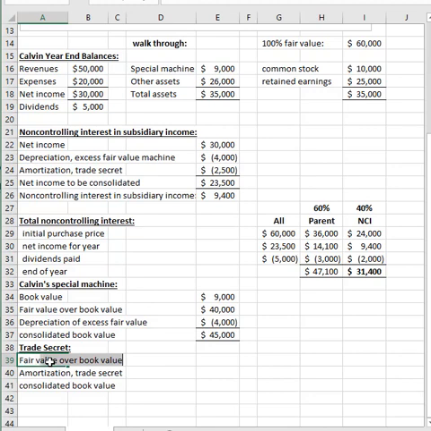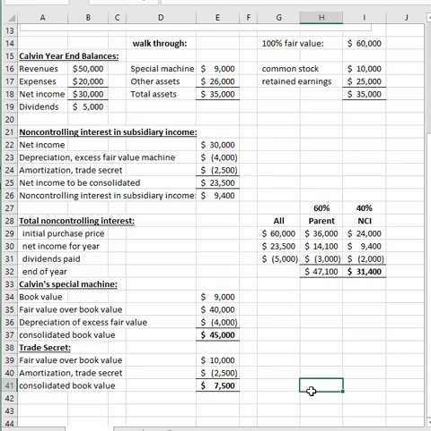So we're going to do fair value over a book that was, there was no initial, it wasn't on the books. So the whole 10,000 will have to be put on during consolidation, and then you'll amortize that first year. And so that gives the amount in the balance sheet for the trade secret after the consolidation is done.